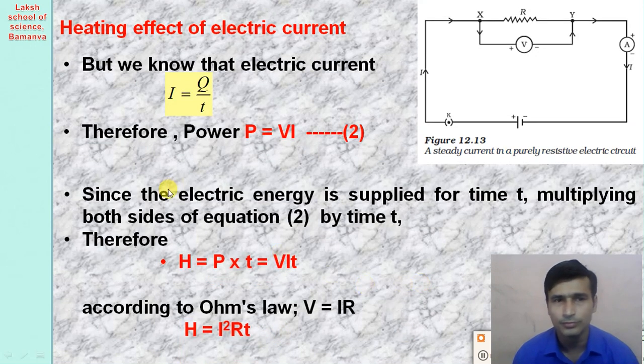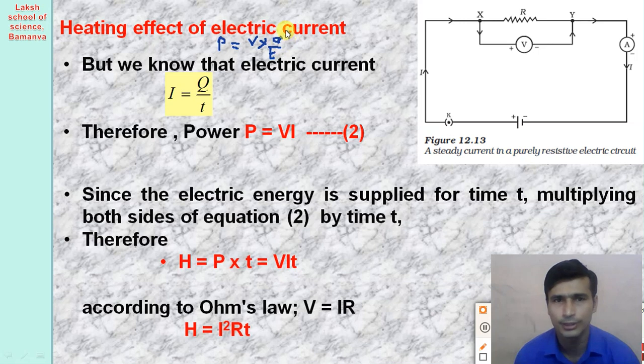Now, we know that the electric current I is equal to Q by t. So putting this in the above equation, P is equal to V multiplied by Q divided by t.